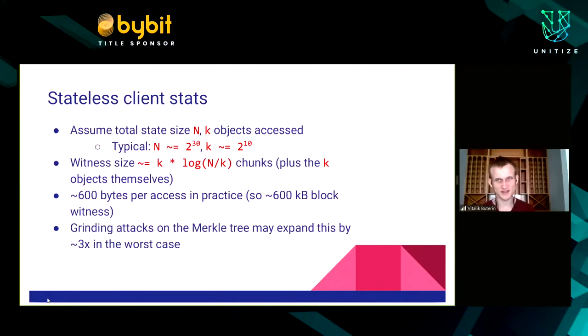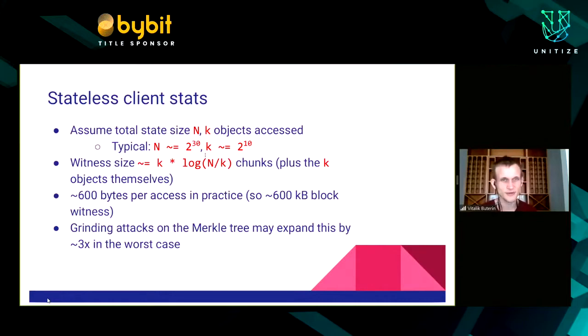There are grinding attacks on the Merkle tree. If you imagine an attacker generates a whole bunch of account addresses that are extremely close to each other and sends a very small number of coins to all of these addresses, and then creates a transaction that tries accessing all of those addresses, then because you have a whole bunch of accounts really close together, the attacker could grind those addresses, and instead of the depth of the tree being 30, the depth of the tree in that particular position could go up to say 60 or 80.